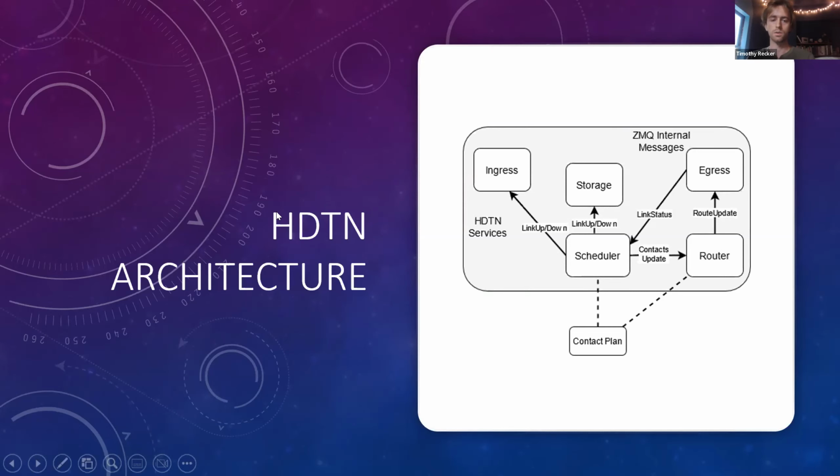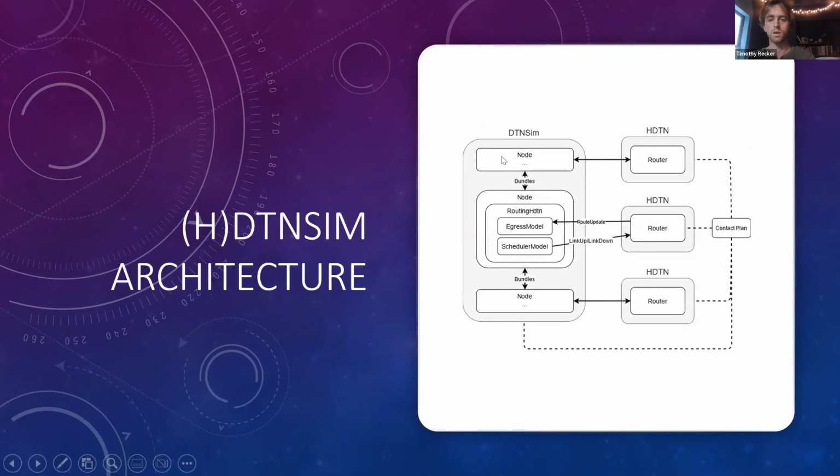And so the thought was, why don't we combine the modular aspect of DTN-Sim with the design of HDTN and create something that's accurate but maintainable. The way this is done is in DTN-Sim, we have a simulated network of simulated nodes. Each of them has a routing model that talks to a real HDTN router.